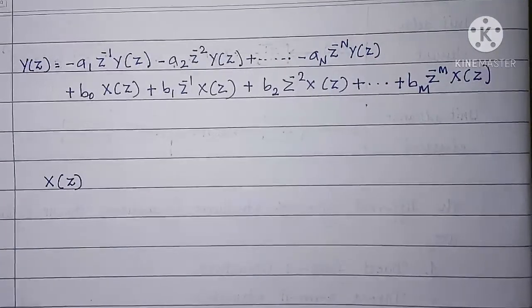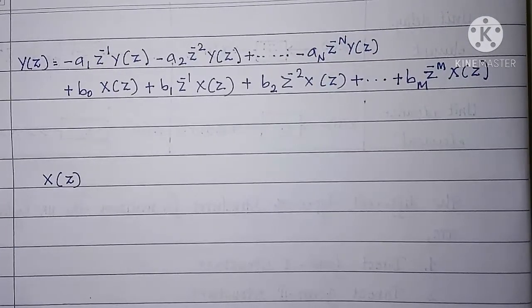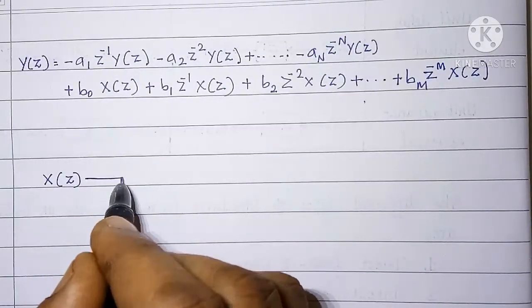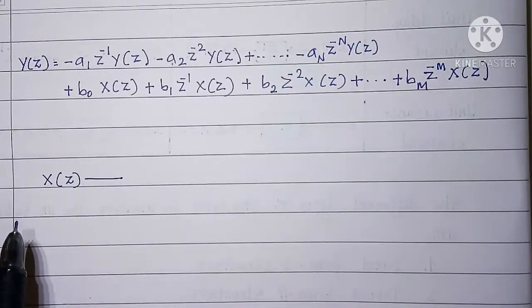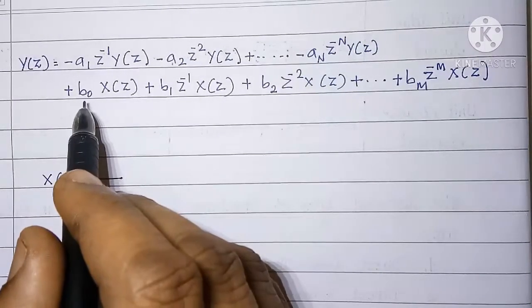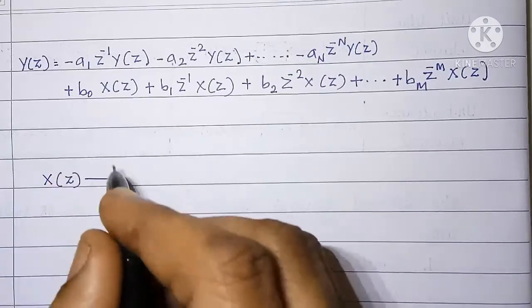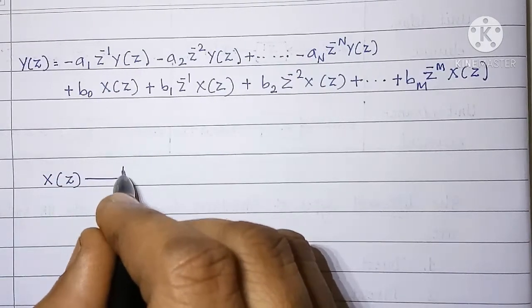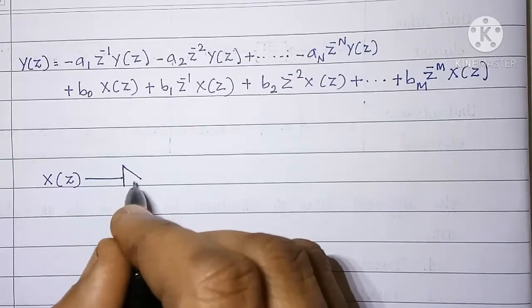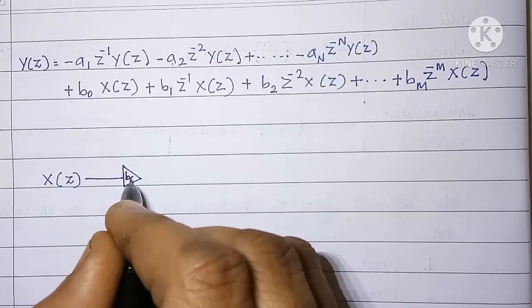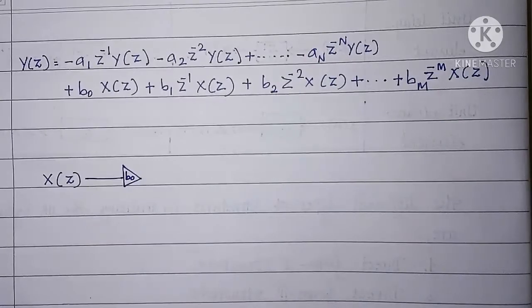So we'll take X of z first as input. X of z is multiplied with b naught. So we'll make use of a multiplier box and in that we will write b naught.